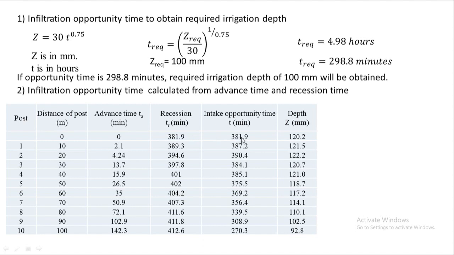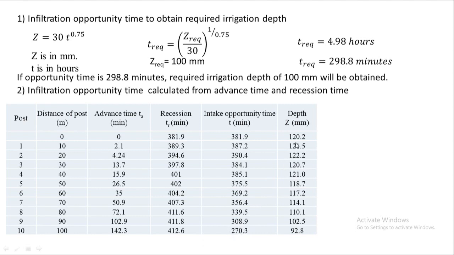It is 381.9 minutes at the inlet end. It is 387.2 at the first post. At the eighth post, it is 339.5 minutes. So we can say that excess irrigation has been provided at these points, right? At the last point, the infiltration opportunity time is less than the required opportunity time, so it will give us slightly less depth than the required depth.